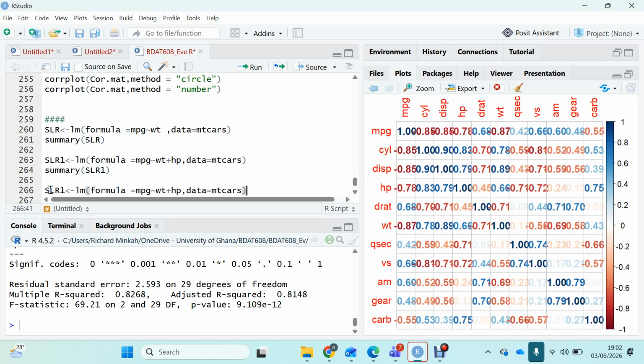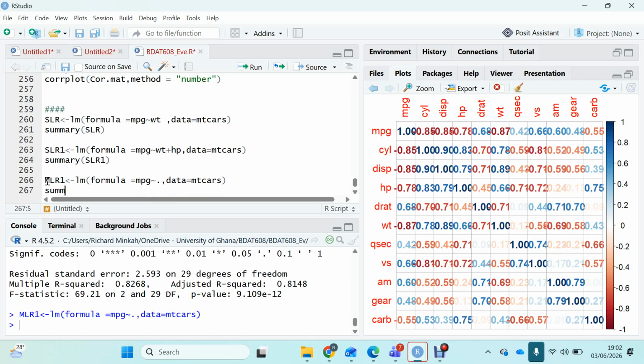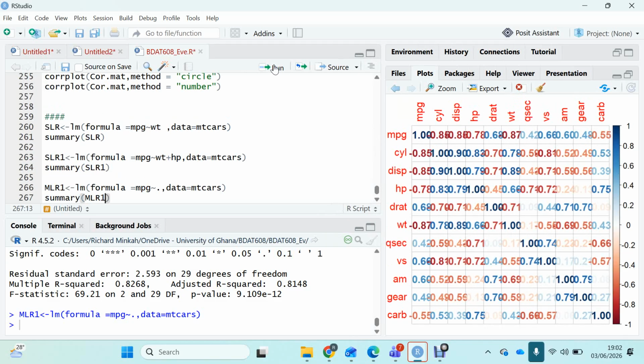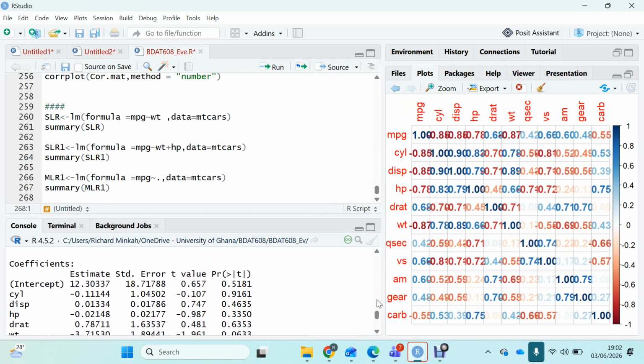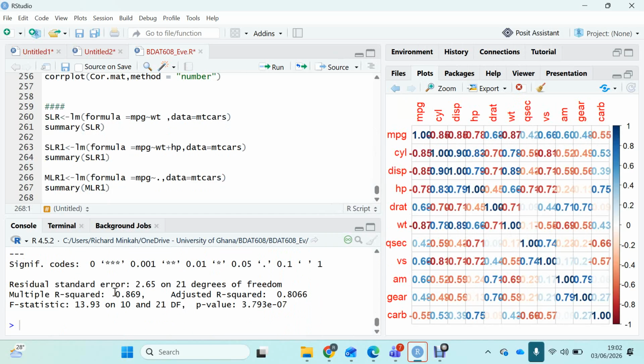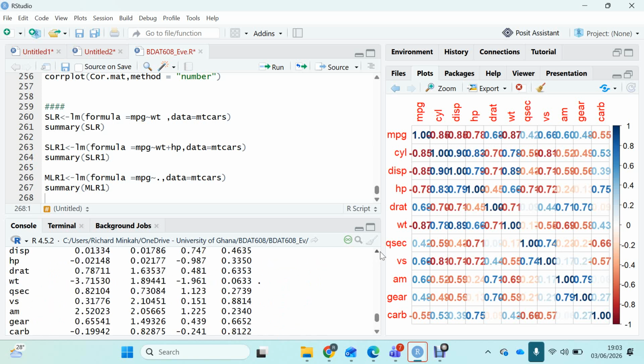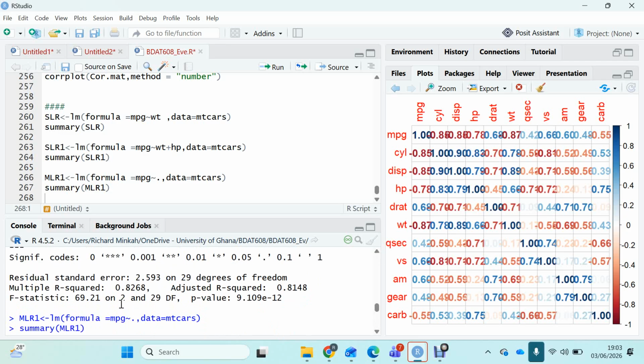Please, in dropping a variable, aside from the pairwise correlation that we just did to establish collinearity level, in a multiple linear regression table like this, aside from the p-value, is there a way we can also drop variables using the coefficients? Yes.